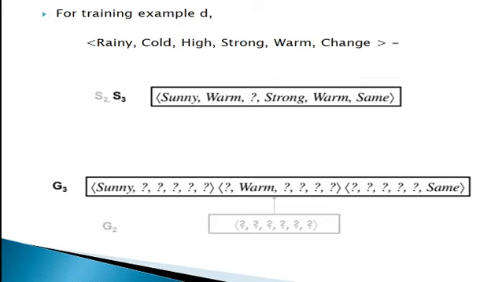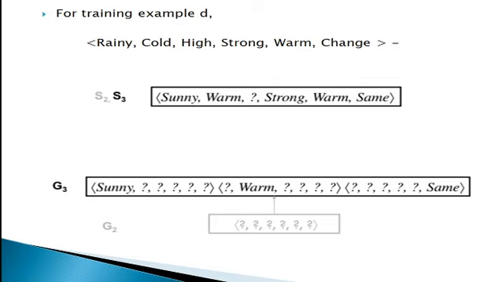For example, the hypothesis H equal to question mark, normal, question mark is a minimal specialization of G2 that correctly labels the new example as a negative example, but it is not included in G3, right? The reason for excluding this hypothesis is that it is inconsistent with the previously encountered positive examples.